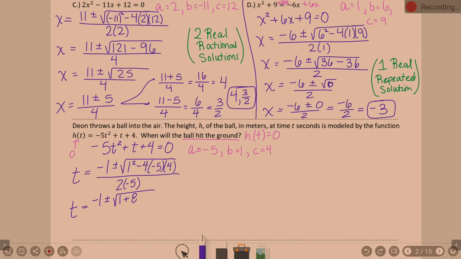All over -10. So now -1 plus or minus the square root of 81 all over -10. Now -1 plus or minus what? 9, all over -10.